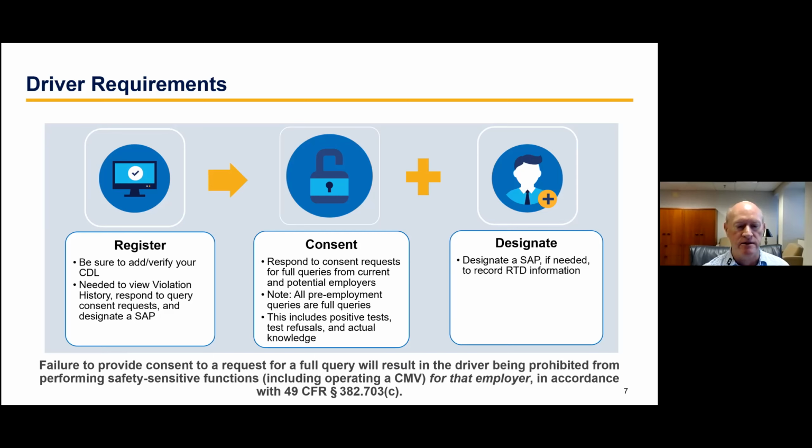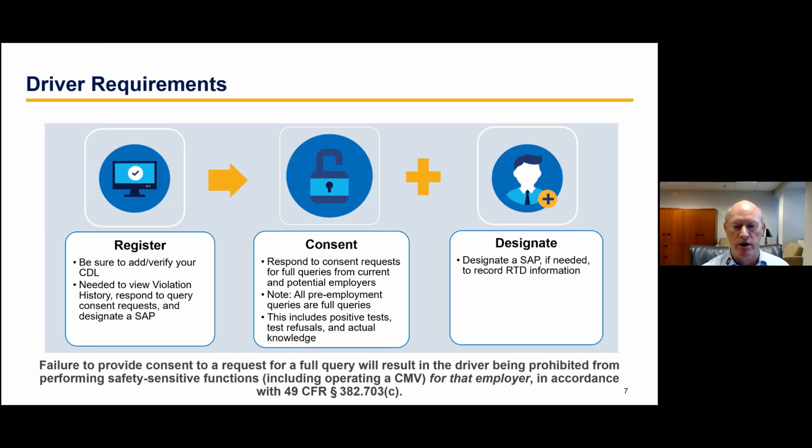And then a driver, if needed, needs to designate a SAP to record the return to duty. So what that means is that if a driver tests positive, that information is added to the clearinghouse. Part of the process is they are referred to a SAP, a substance abuse professional, and then the driver needs to record who that SAP is in the record, because that SAP is the one who is going to be putting the return to duty information in the record for that driver.